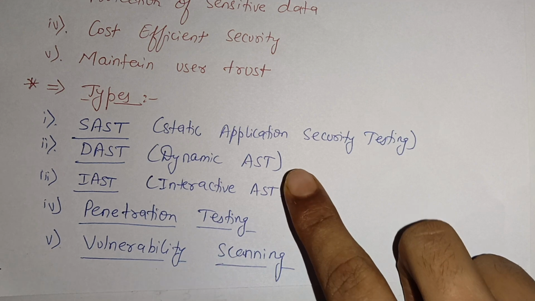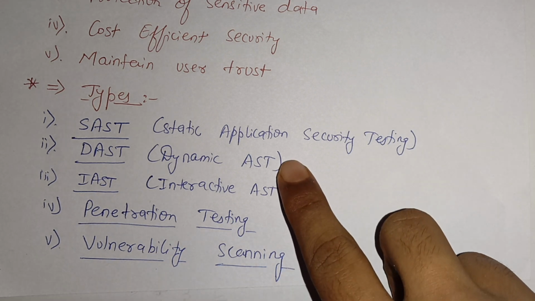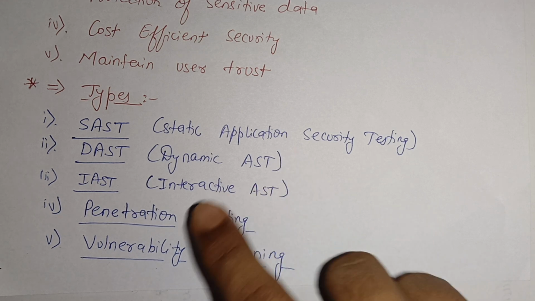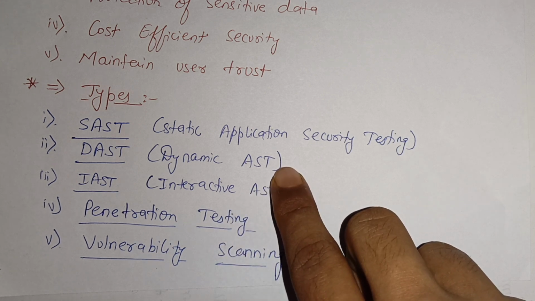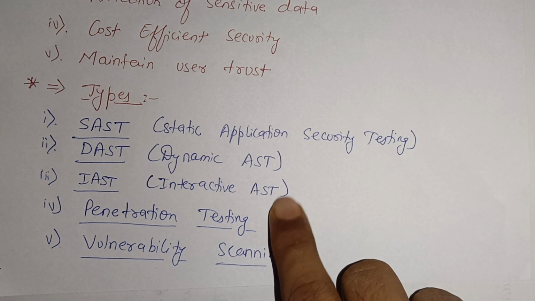Second one is dynamic application security testing. It tests the application while it is in the running condition. Means while running, it tests the code to find vulnerabilities in real time. When the application is running, it checks the code and finds the weaknesses in that particular application. Third one is interactive application security testing.